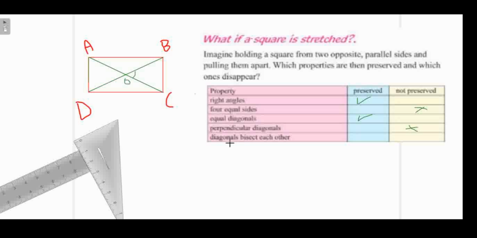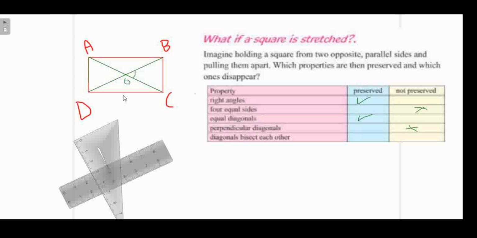And finally, the diagonals bisect each other. Bisect each other means that they intersect at their midpoint. So here the diagonals AC and BD intersect at a point O. Let's check if O is the midpoint. If O is the midpoint of DB, as well as the midpoint of AC, then they bisect each other.